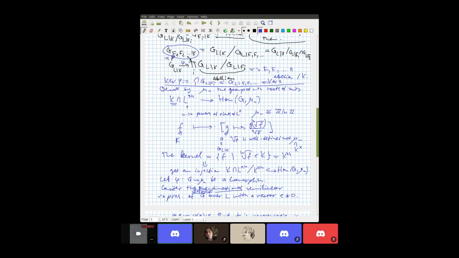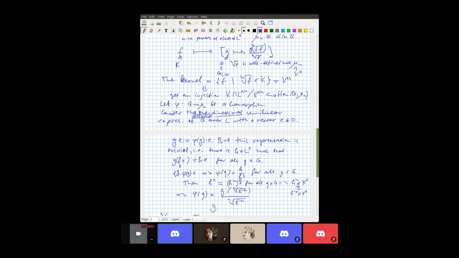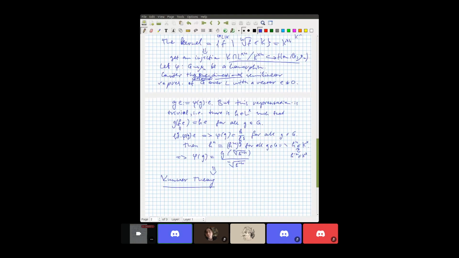Our map, which we had already transformed into an injection, we can now say that actually this intersection modulo nth powers of the elements of K is isomorphic to homomorphisms from G to mu n.